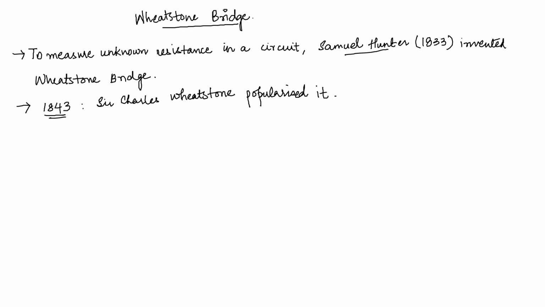Okay, now next to it, Wheatstone Bridge is also known as resistance bridge. Why? Because it is used to measure the unknown resistance. It calculates the unknown resistance by balancing the two legs of a bridge circuit, where one leg includes the component of unknown resistance.